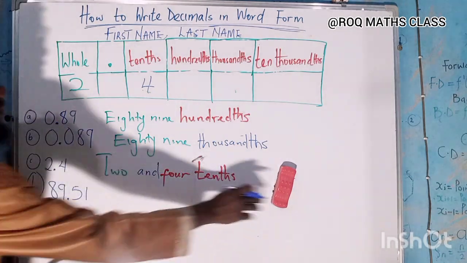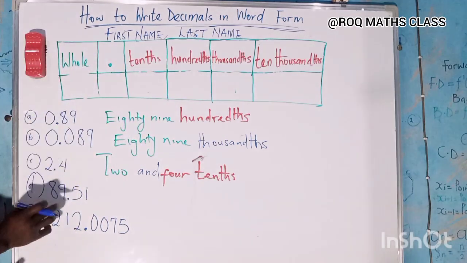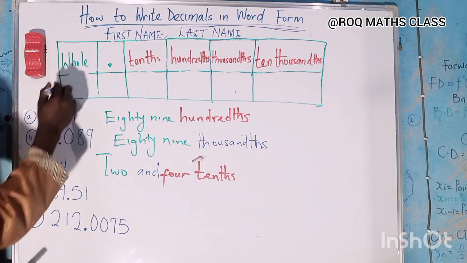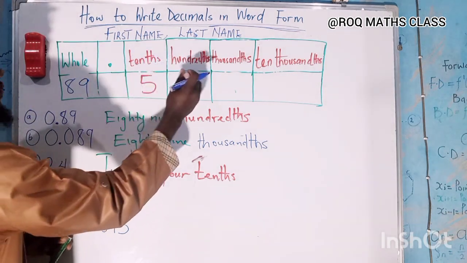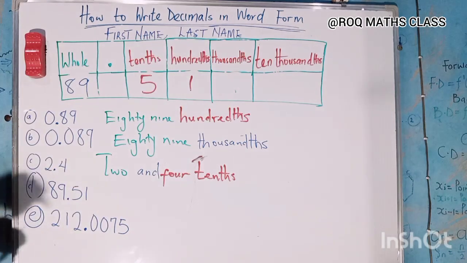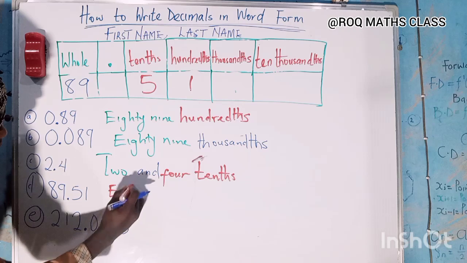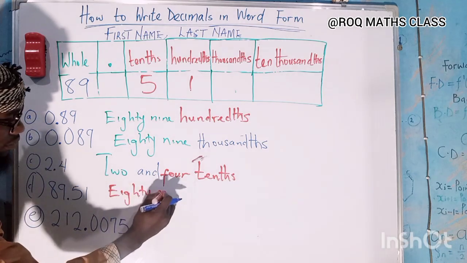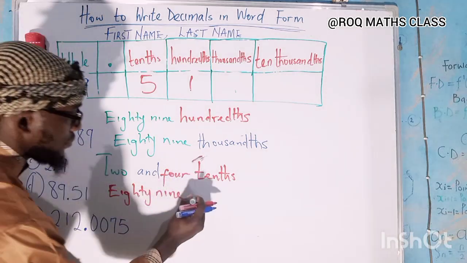For my D, we have 89.51. 89 is the whole part, and the decimal part is 51. So I have to write my whole part: 89. Then my point serves as "and".